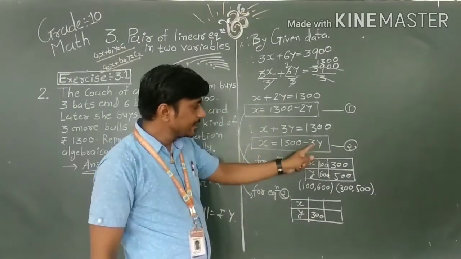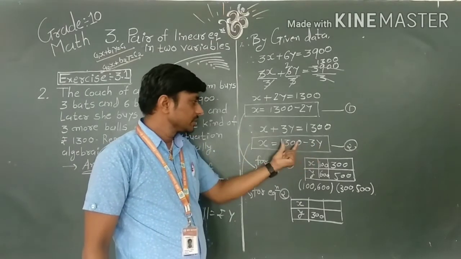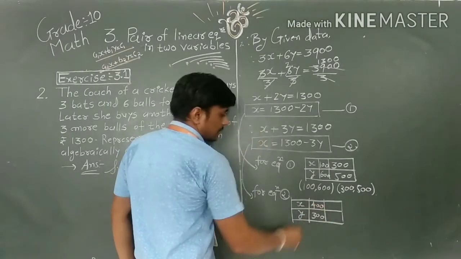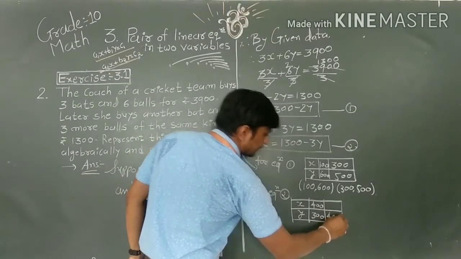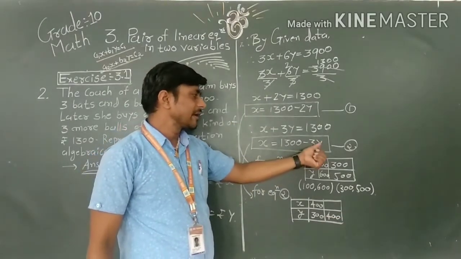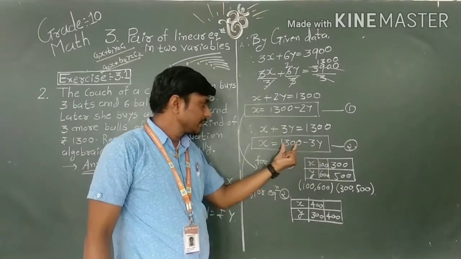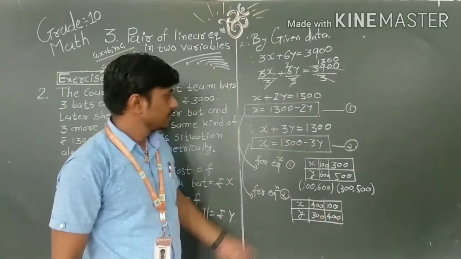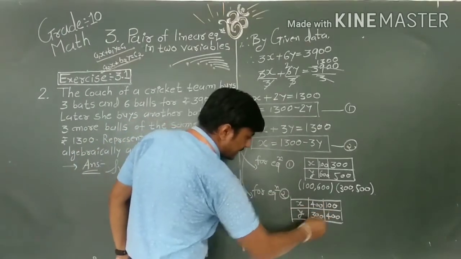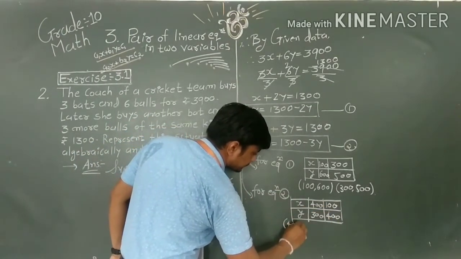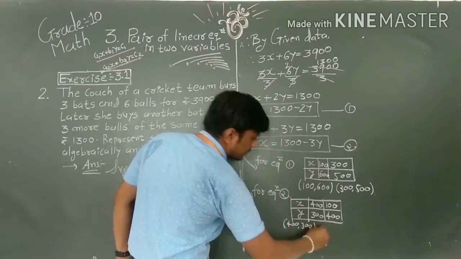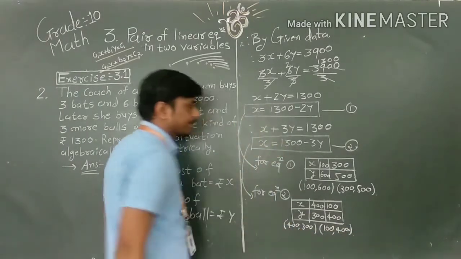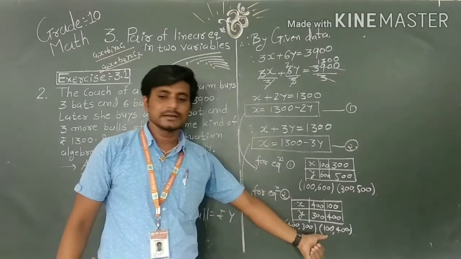Look, 300 into 3 is 900. 1,300 minus 900 is 400. For the second value we take y equal to 400. What happens? 400 into 3 is 1,200. 1,300 minus 1,200 is 100. Now the points are 400 with respect to 300, and 100 with respect to 400. Okay, our points are there.